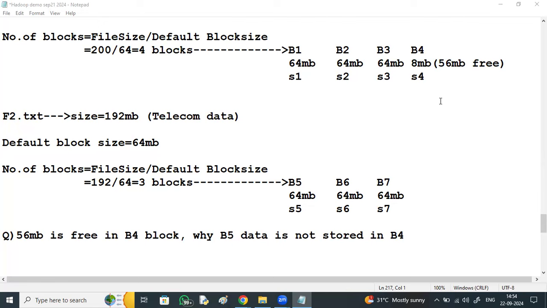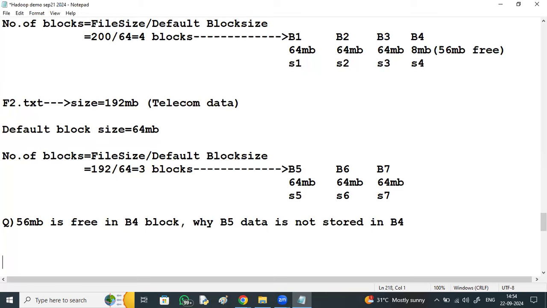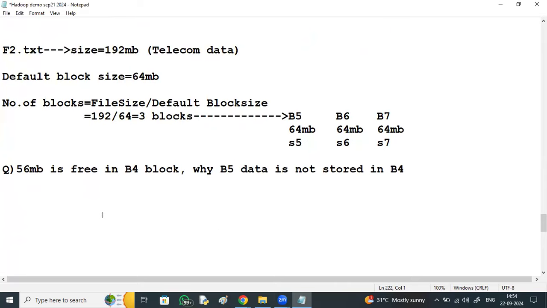56 MB is free in B4. Why is B5 data not stored in B4? Assume B5 data is stored in B4. For example, I want to retrieve the f1.txt file. Retrieving f1.txt means B1 plus B2 plus B3 plus B4.